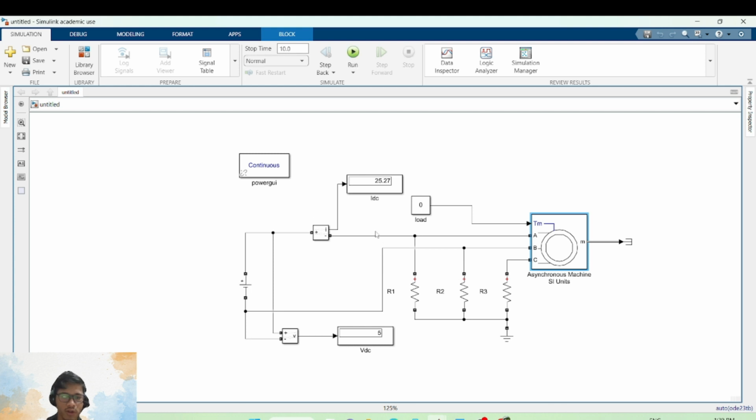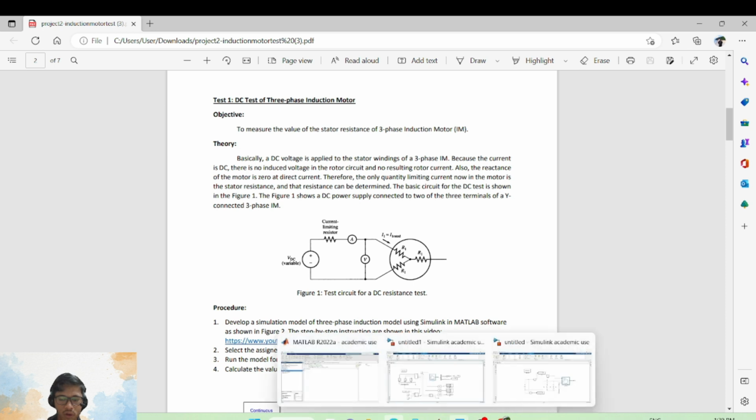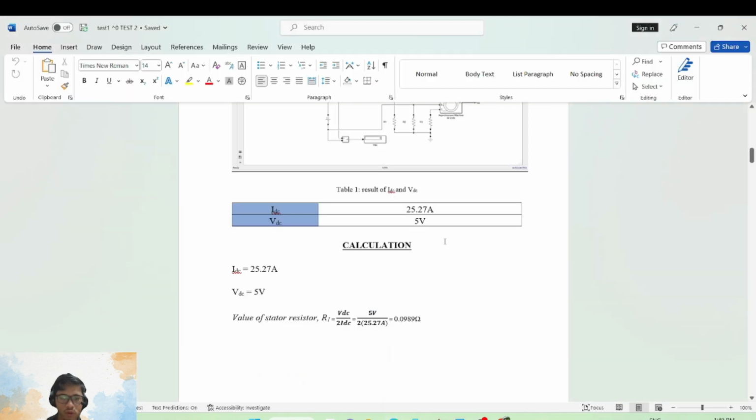As you can see, the value of the IDC that we get is 35.27 ampere, and the VDC is 5 volt. Based on the instructions, after we get the results, we have to calculate the value of the stator resistor, which is R1. This is the result that we get.